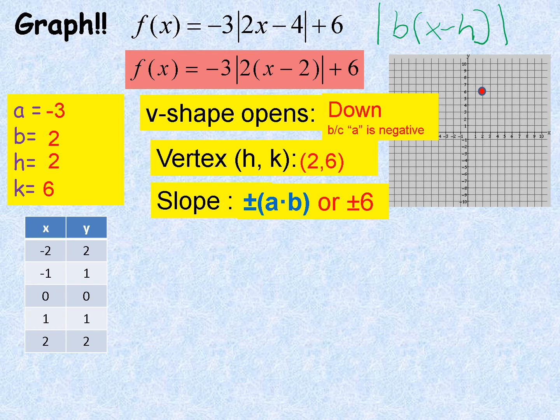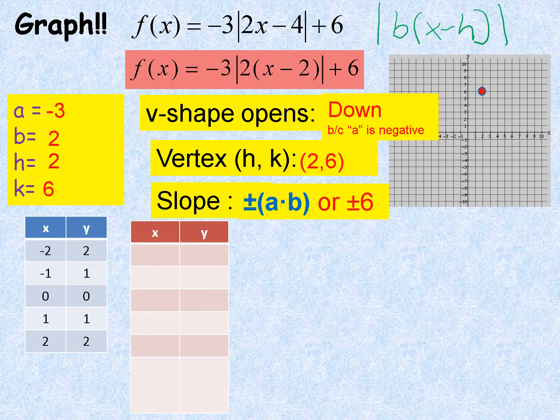Okay, now I'm going to show you two ways to graph this. The first way we're going to apply the parent function method. So there's my parent function. So how am I going to go from old x's to new x's? Well, I've got a B value, but I've also got an H value.